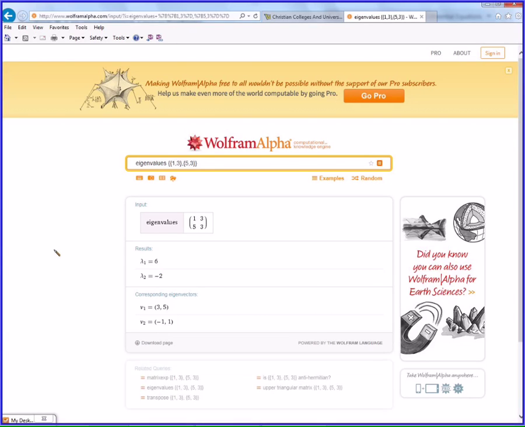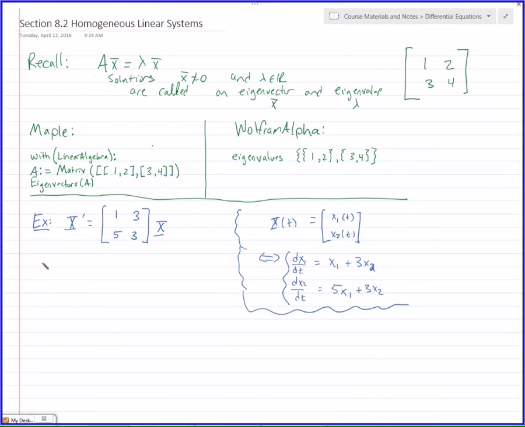Okay. So lambda 1 is 6, and its corresponding eigenvector is (3, 5). Lambda 2 is -2, with v2 being (-1, 1). Okay? So I'll just jot that down. Using Wolfram Alpha, I get that lambda 1 was 6, and v1 was (3, 5).